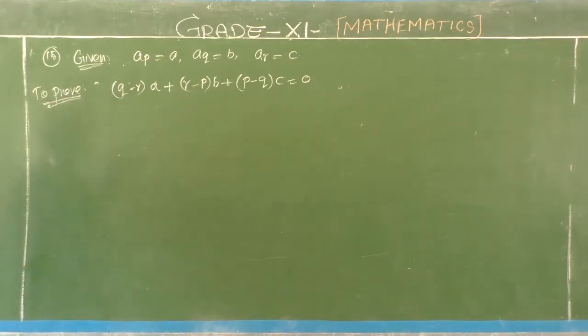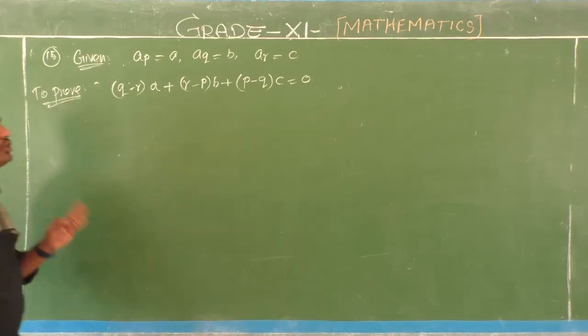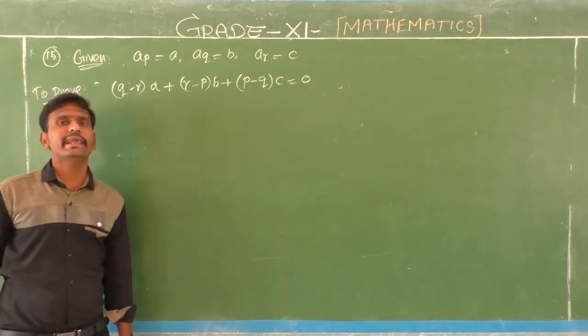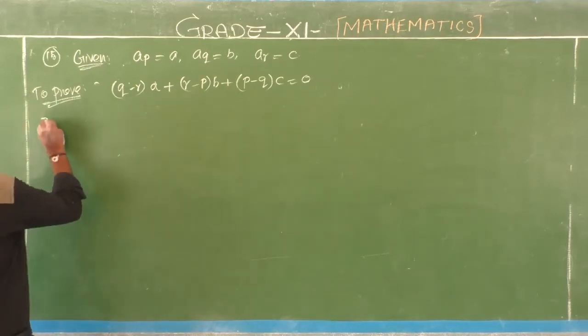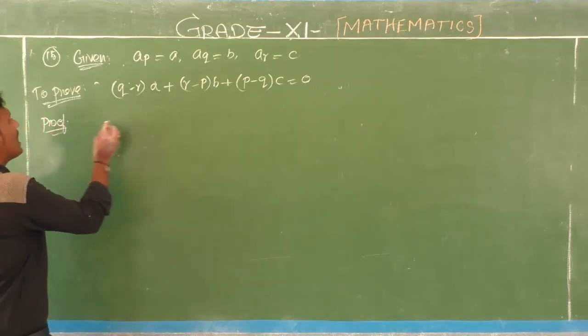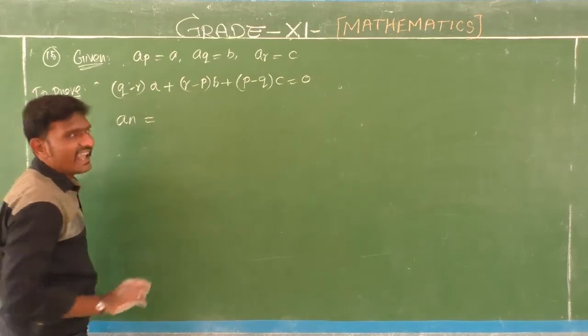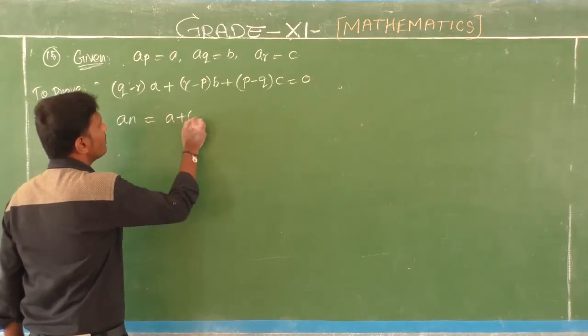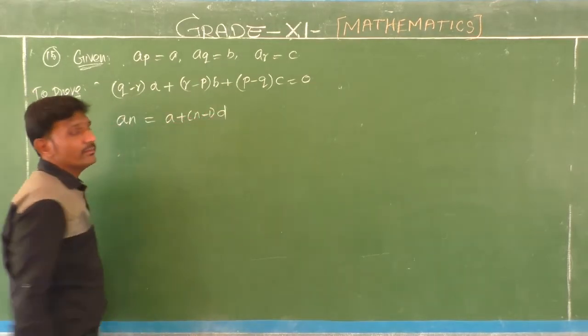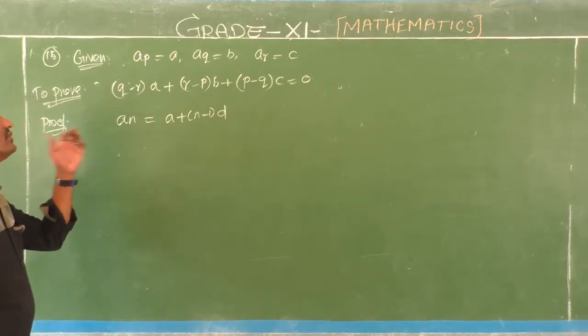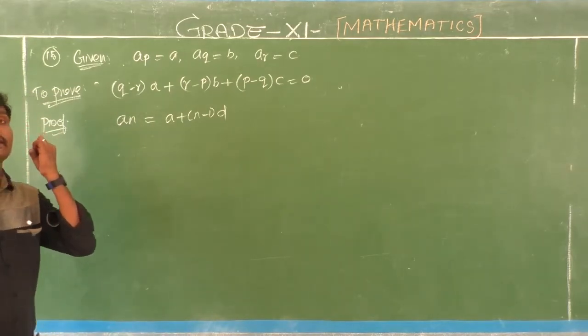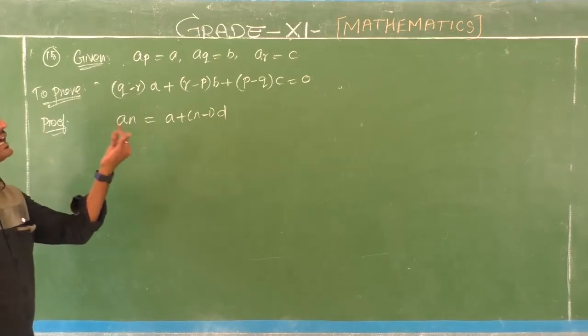Students, listen carefully. This is your AP, so you are going to use the nth term formula. Now coming to the proof. You have the nth term formula an equals a plus (n minus 1) into d. Instead of n, we are going to use the values p, q and r.